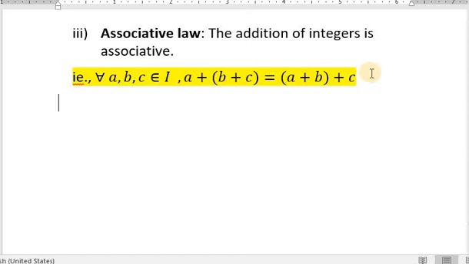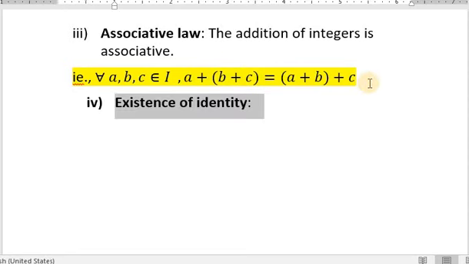It means the addition of integers is associative. In any order, if you add three integers, the sum is same. Therefore, the associative law is satisfied.